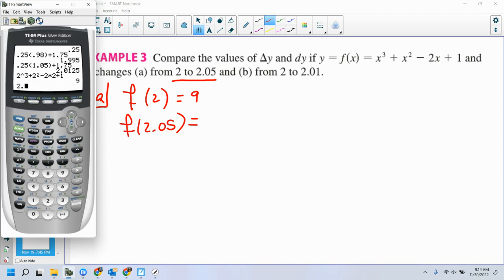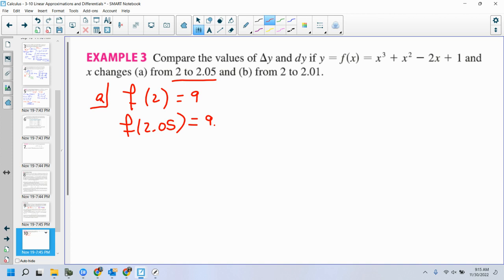So 2.05 cubed plus 2.05 squared minus 2 times 2.05 plus 1 gives 9.717625. Yeah, I'm getting that exact. So what is delta y then? Well, it's just 0.717625.